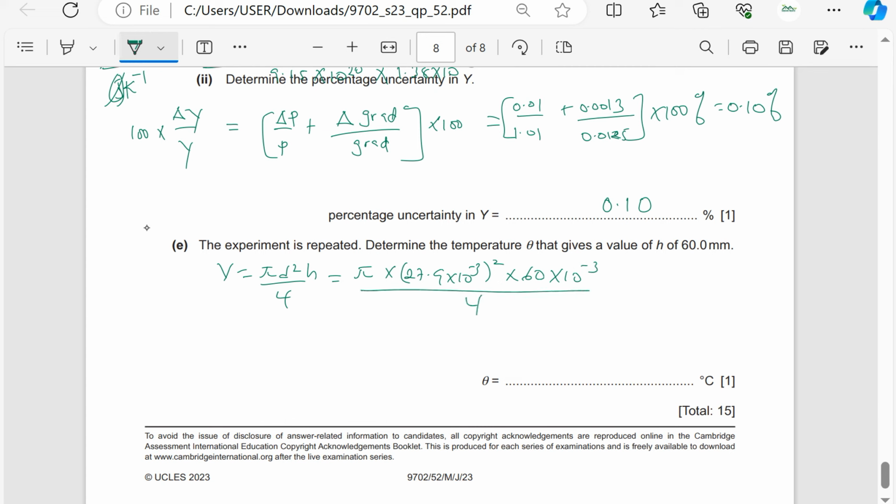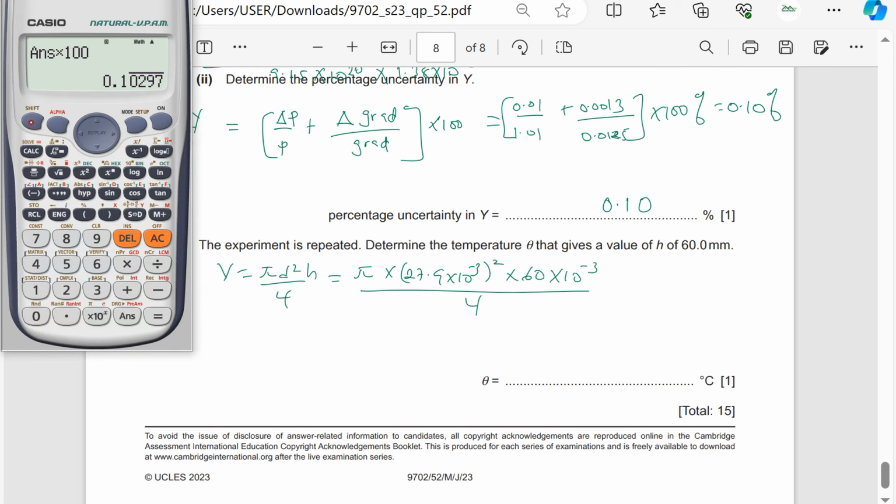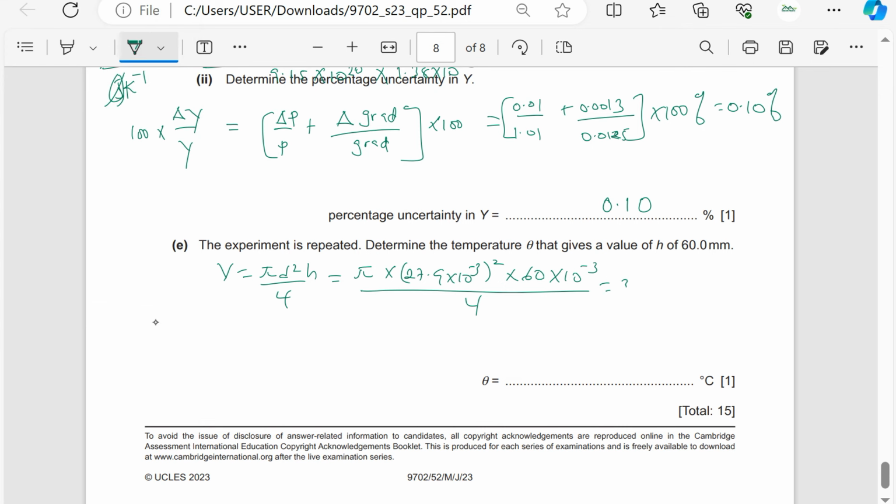We divide this by 4. So this is 3.668 times 10 to the power of minus 5.